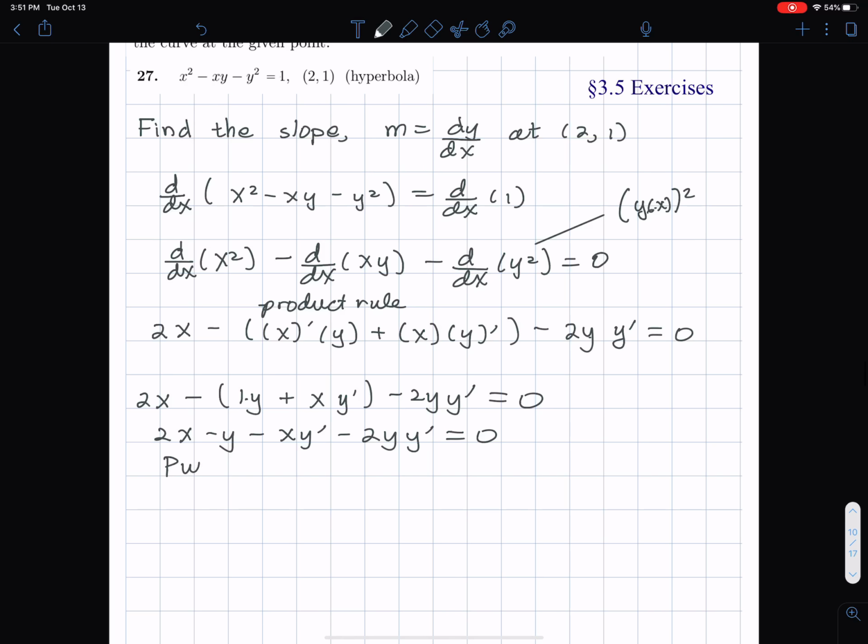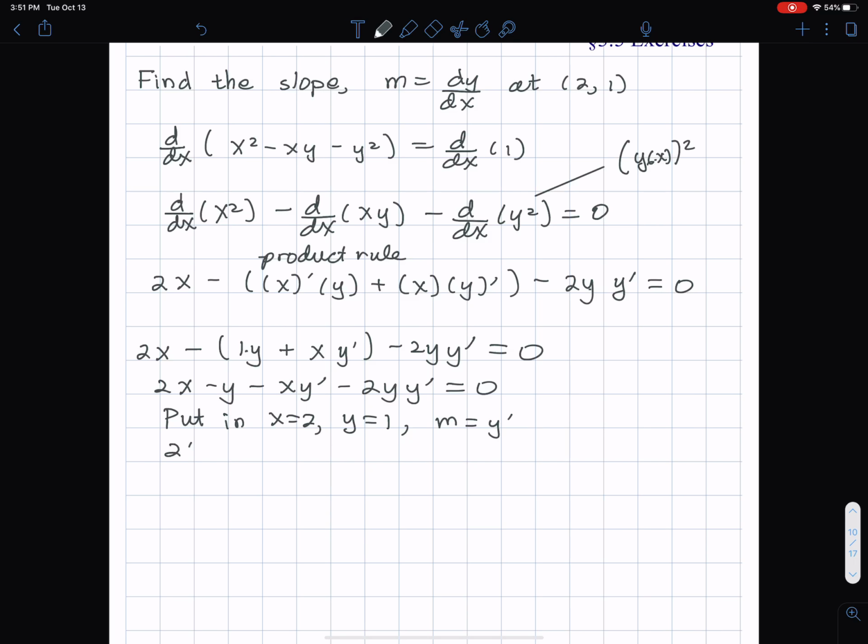I am now going to put in x equals 2, y equals 1. I don't really need a formula for y prime, so I'm just going to put in x equals 2, y equals 1, and find y prime evaluated at (2, 1). I'll even call m, the slope, equals y prime now.